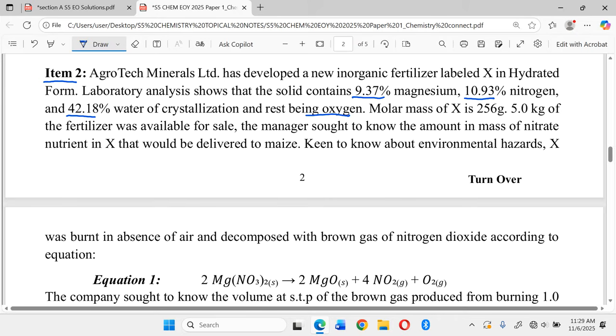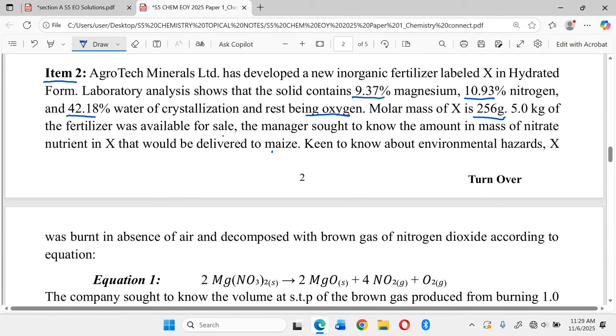The molar mass of X is 256 grams. 5.0 kgs of fertilizer was available for sale. The manager wanted to know the mass of nitrate nutrient in X that would be delivered to maize.